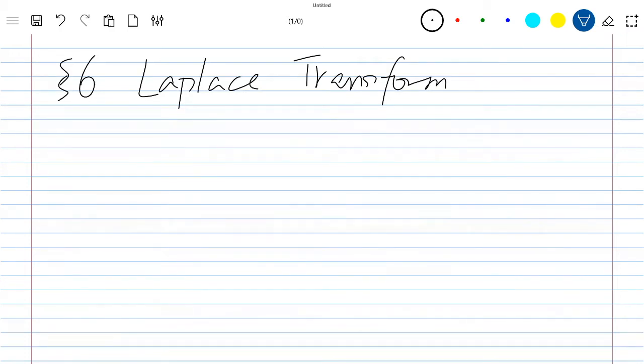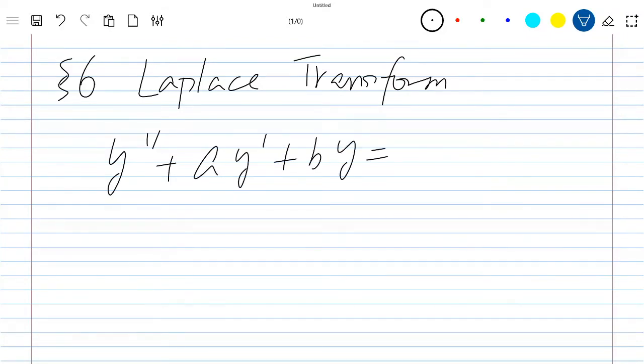Chapter 6, Laplace Transform. A Laplace transform is a technique to solve this equation. It's particularly useful for discontinuous g.